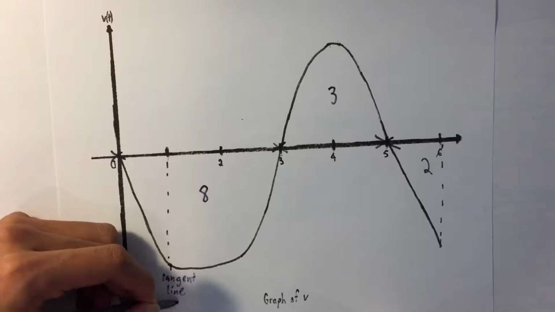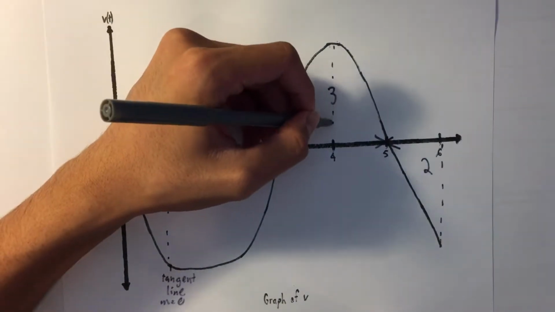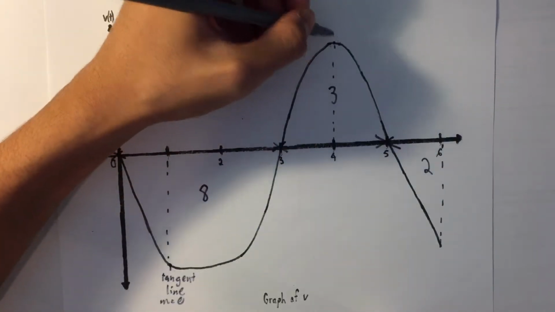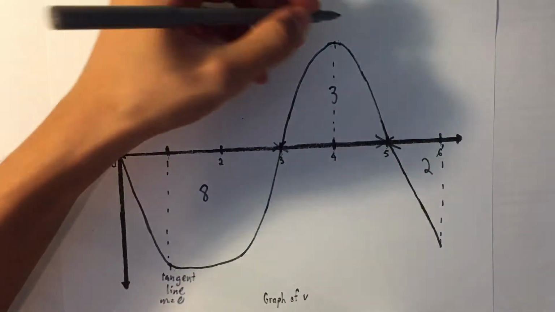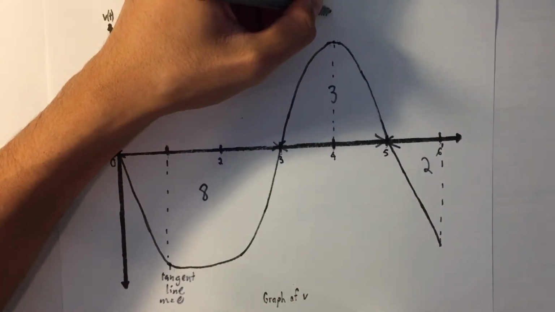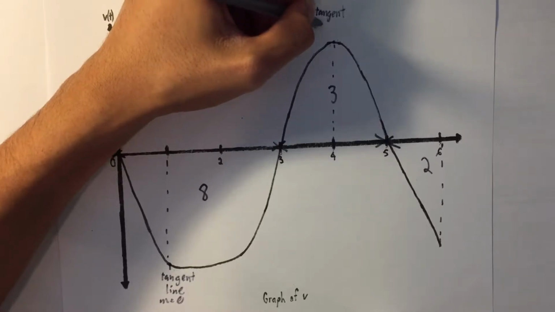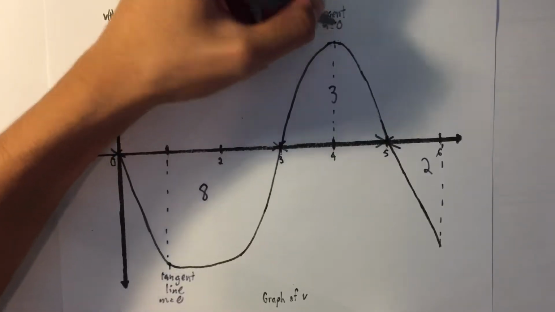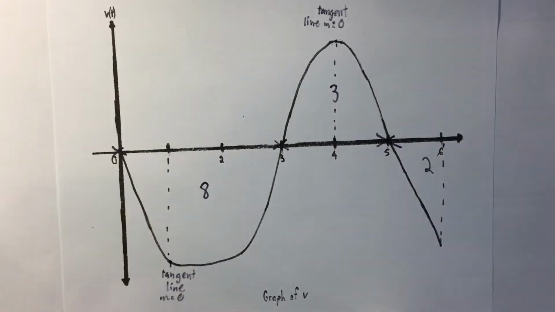where the slope is 0, and that goes the same at t equals 4. So we would write the same thing: tangent line with slope equals 0. And m is the same thing as slope, so that's why I'm using that.